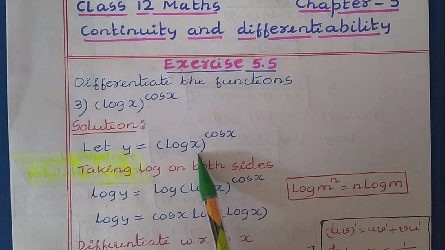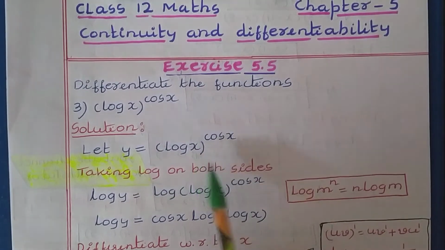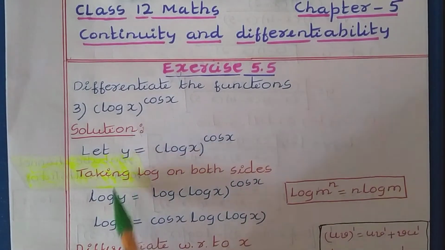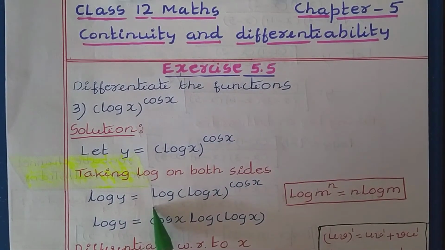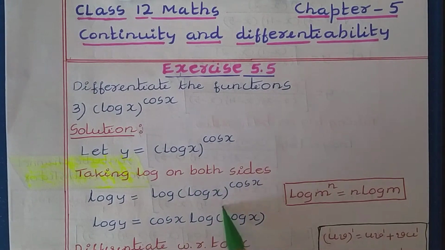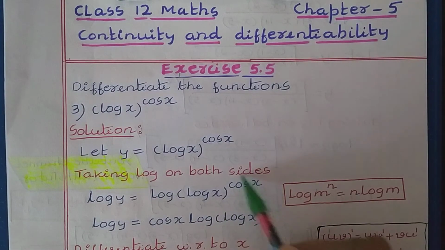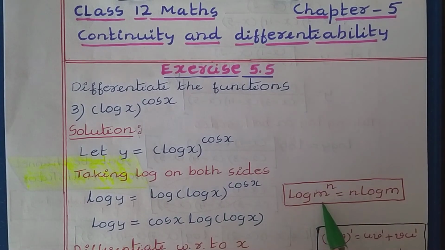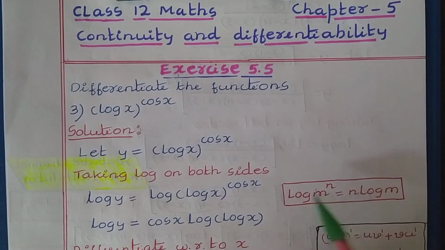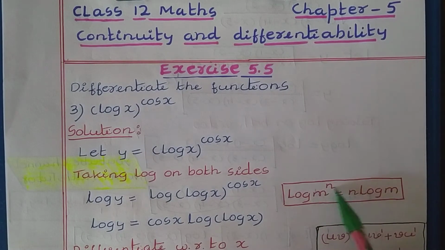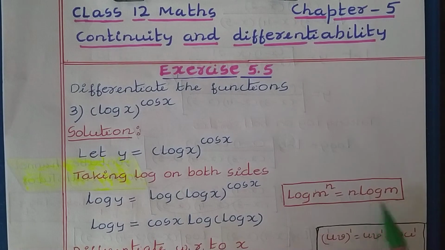Next, after this, we have to take log on both sides. So we get here log y is equal to log (log x)^(cos x). When we take log on both sides, for this we can apply this logarithmic property: log m to the power n is equal to n log m.